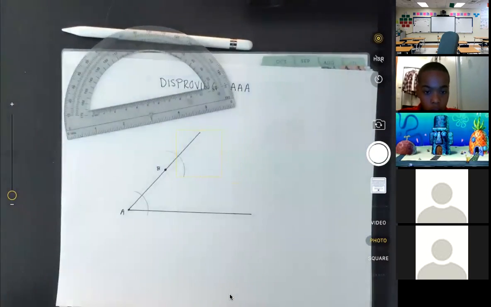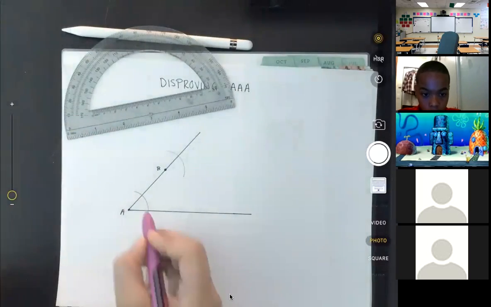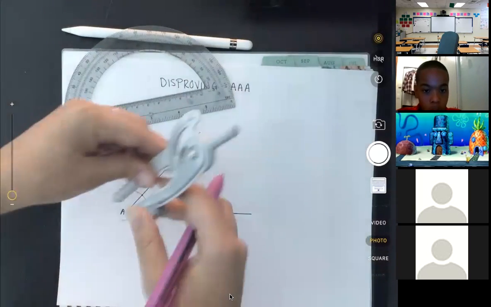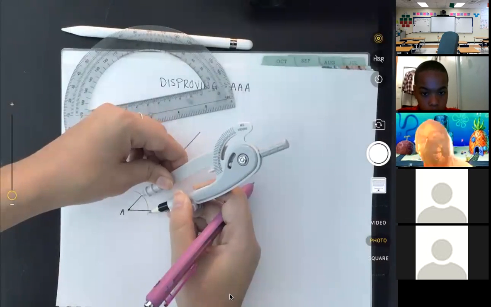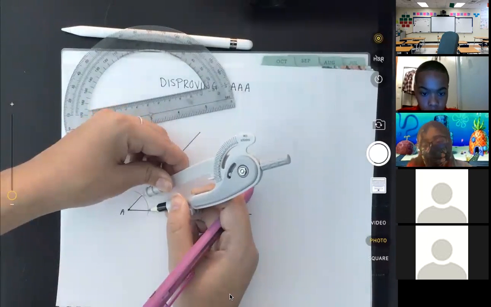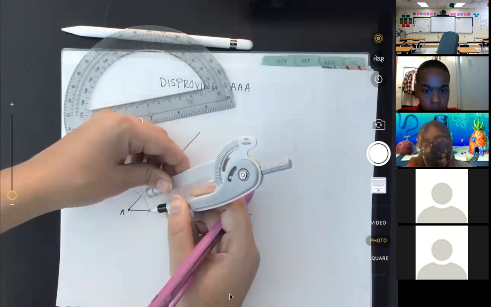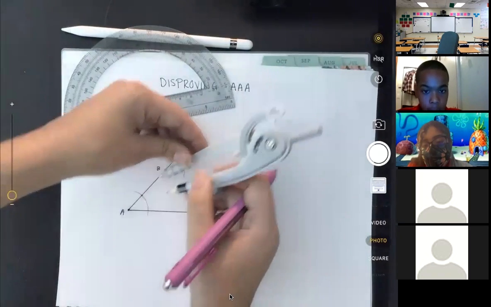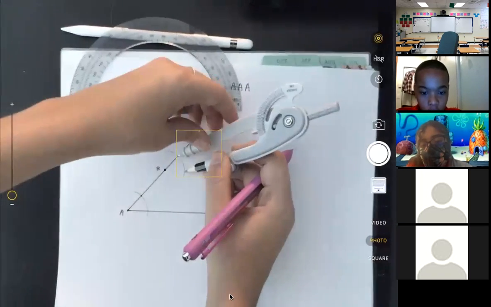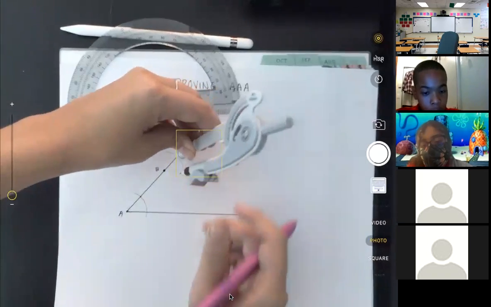Okay. Then I go to the point I've created right here, and I'm going to set my compass equal to that distance. So I just changed it so it's at that distance. And I'm going to copy that over here.